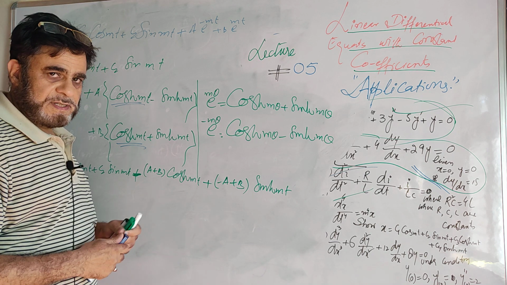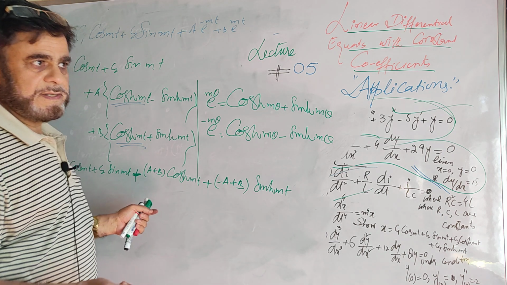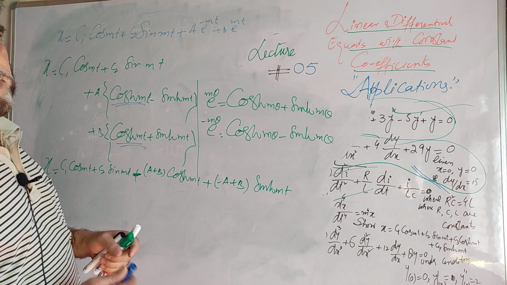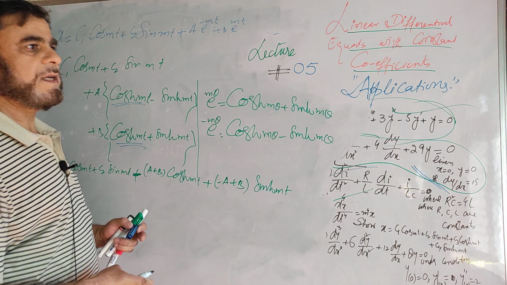Yes, these are again constants, because the sum of two arbitrary constants is again some arbitrary constant, and the difference of any two arbitrary constants is again some arbitrary constant.